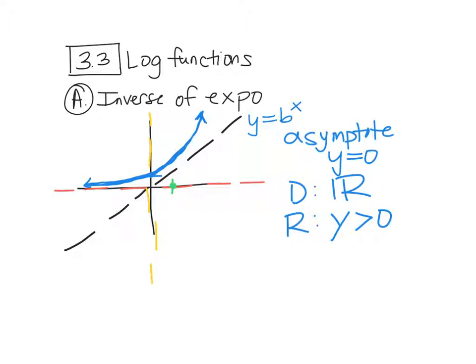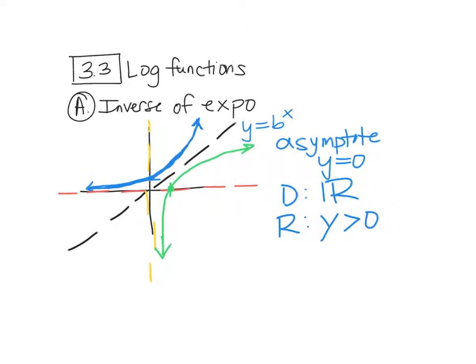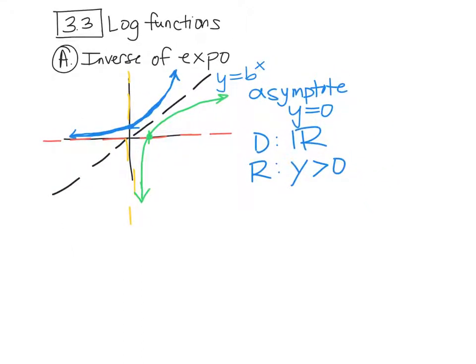Everything's getting switched. Our basic parent log graph looks like that. So it's an inverse of an exponential function, and our basic log graph is y equals log of x.